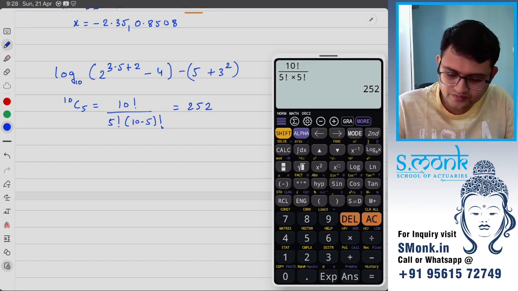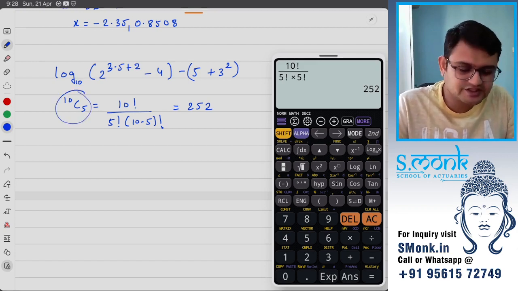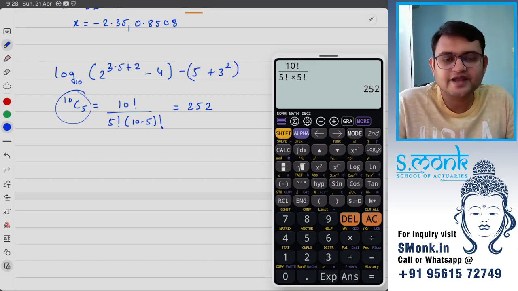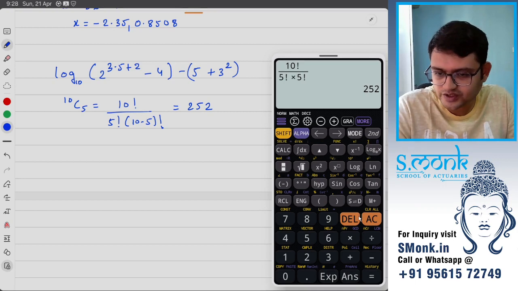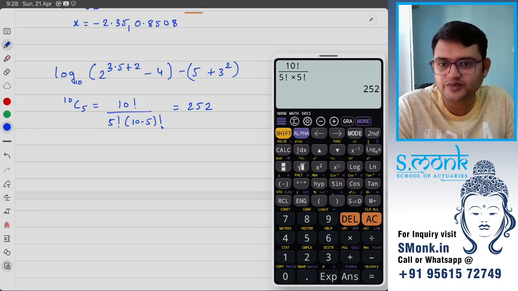Now this 10C5 we can directly create. If you see down here, division and multiplication. Above that we have nPr and nCr written, that is permutation and combination.